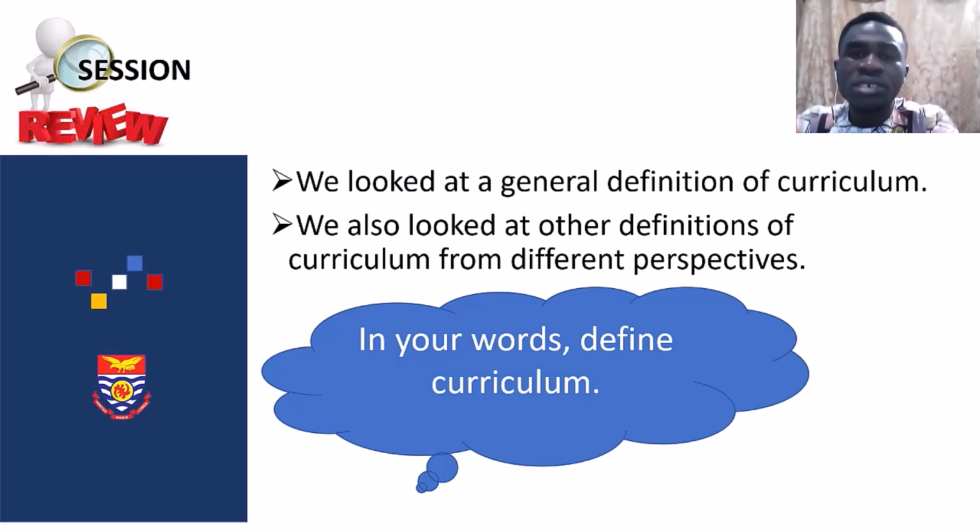Kerr also gave out his definition, and the last one that we looked at was the definition given by Oliver. He defined the curriculum in terms of its content. He made mention that in terms of content, the curriculum is made up of three basic elements, which are the program of study, the program of activities, and the program of guidance.